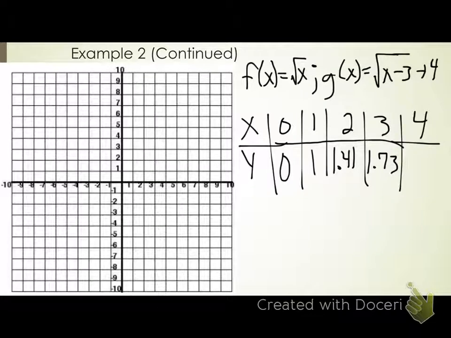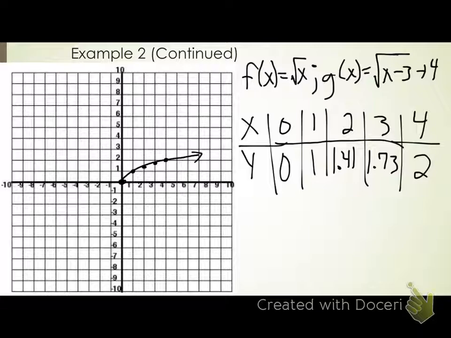Square root of 4. 2. So 0, 0. 1, 1. 2, 1.41. 3, 1.73. 4, 2. There's my parent function, correct?